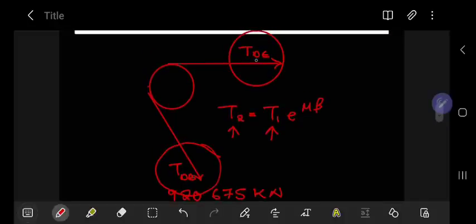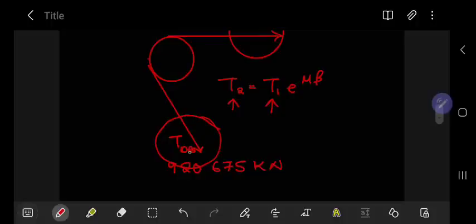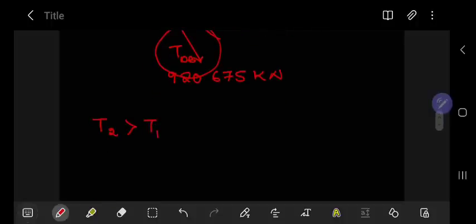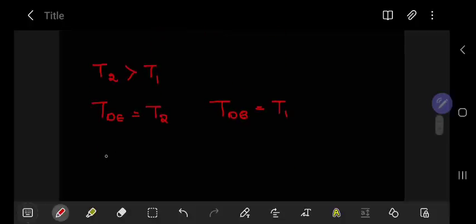So here we see that TDE has to be greater than TDB. In other words, TDE is the one taking the position of T2, and TDB is the one that will take the position of T1 in that formula. So we're going to have TDE equal to TDB times e to the mu beta.